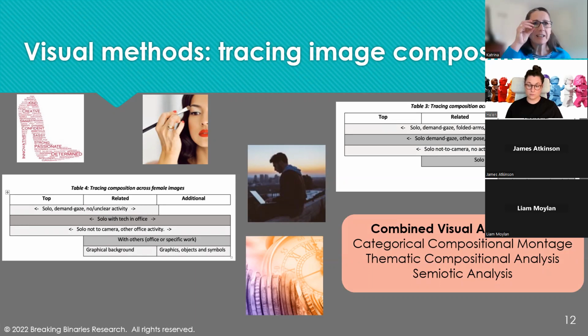Just a few other highlights to point out here is this notion of work and office-based imagery for the female images continued, but we also found, unsurprisingly but rather depressingly, quite a lot of stereotypical feminine work. Here you'll see the example of makeup being applied. There was a lot of care-type orientation, looking after others, whether that was children or the elderly, etc.